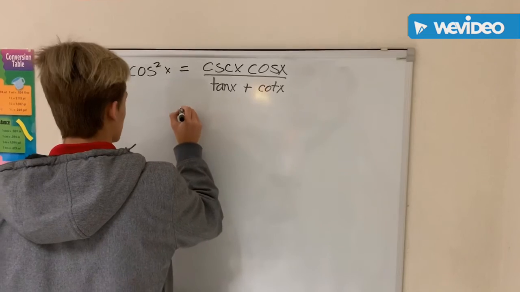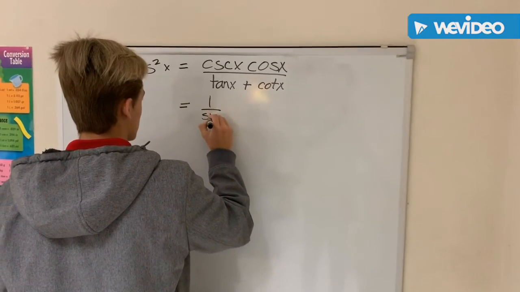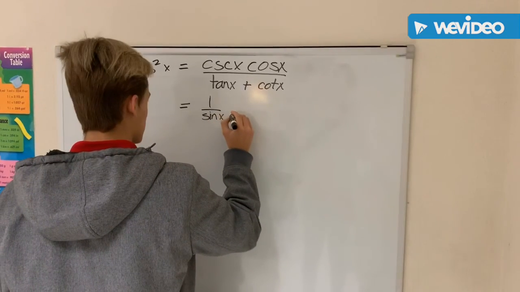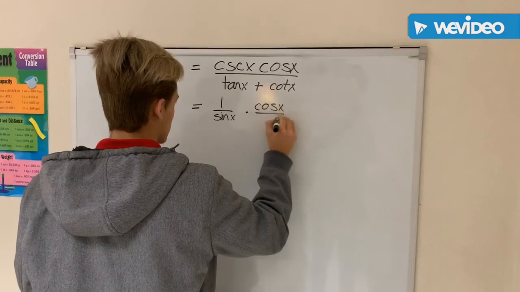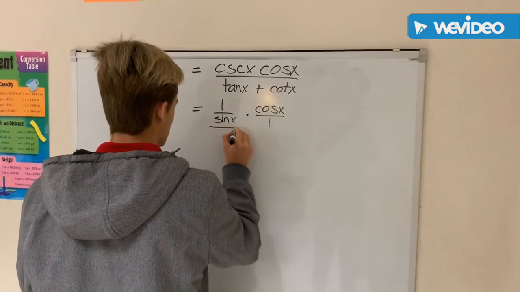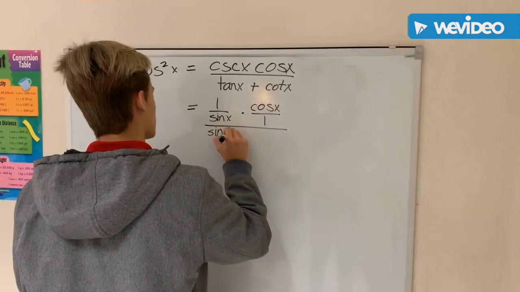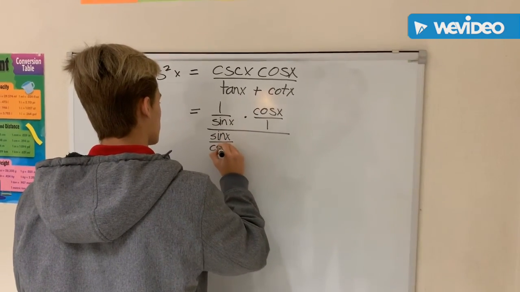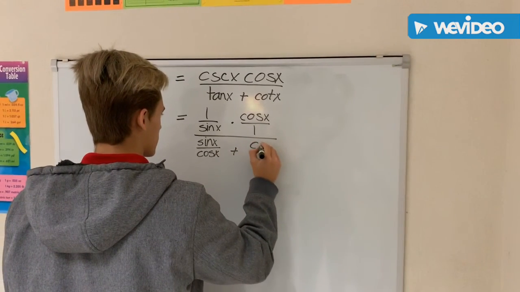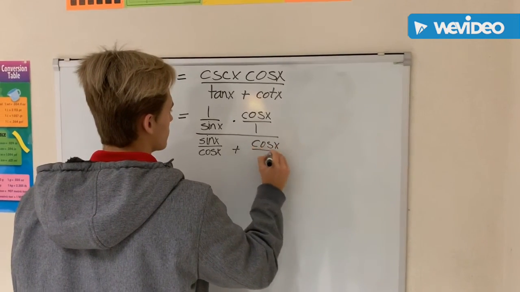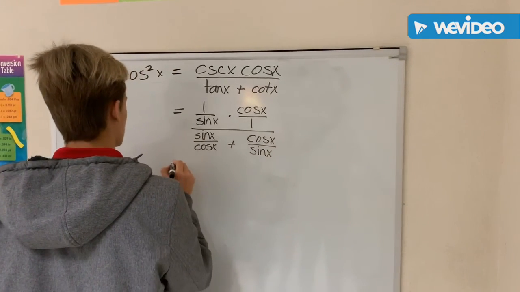So now we know what cosecant is, so we're going to simplify that cosecant into 1 over sine x times, and multiply that times cosine x over 1. We're going to divide all that by sine x over cosine x, which is equal to tangent x, so we're simplifying that to make it easier for us. We're going to add that with cosine x over sine x, which is the inverse of tangent x.